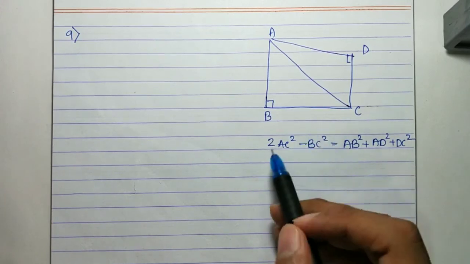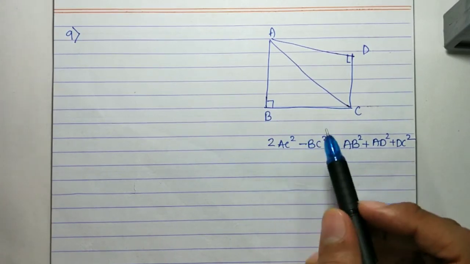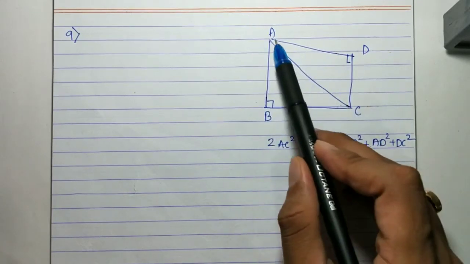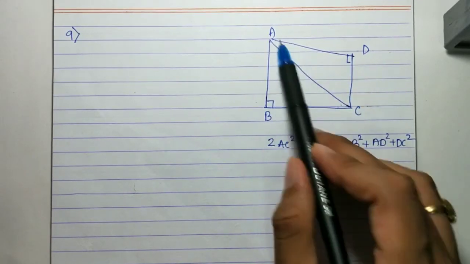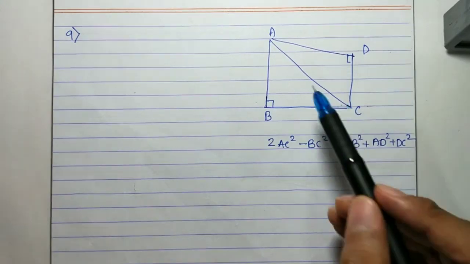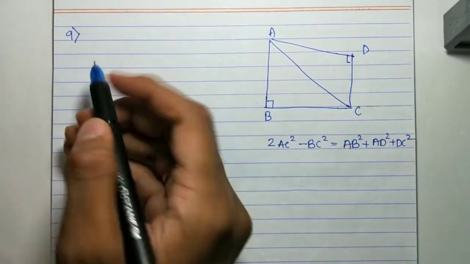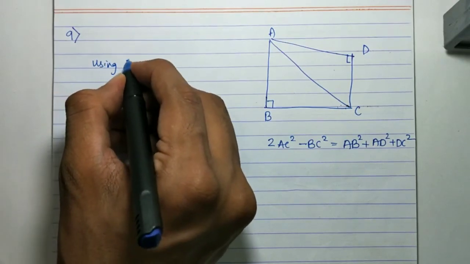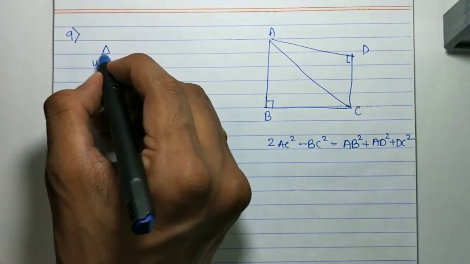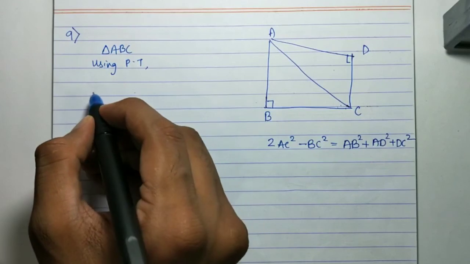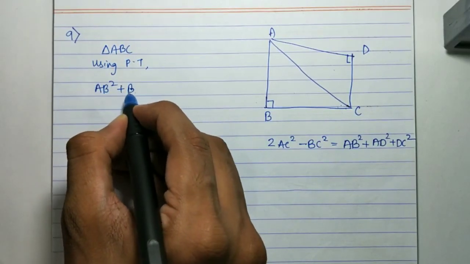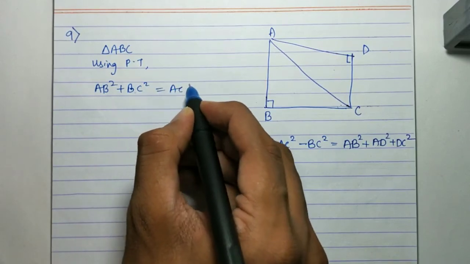Here you can see you have 2AC square, meaning AC is the hypotenuse in this triangle, and AC is the hypotenuse in this triangle. So I'll apply Pythagoras theorem in both these triangles. In the first triangle, using Pythagoras theorem in triangle ABC, I will have AB square plus BC square equals AC square.